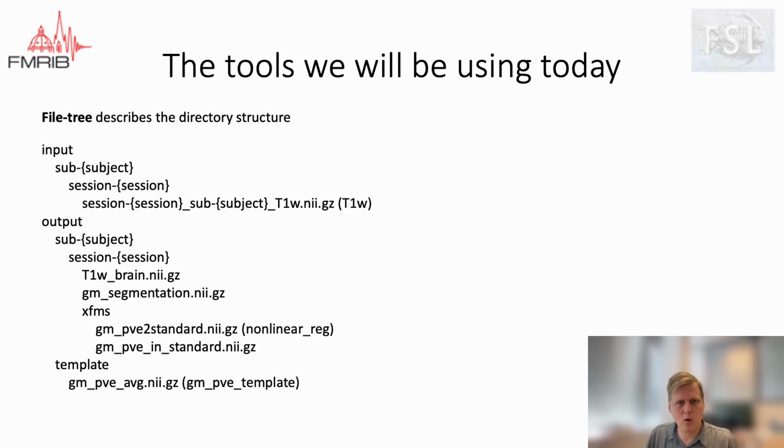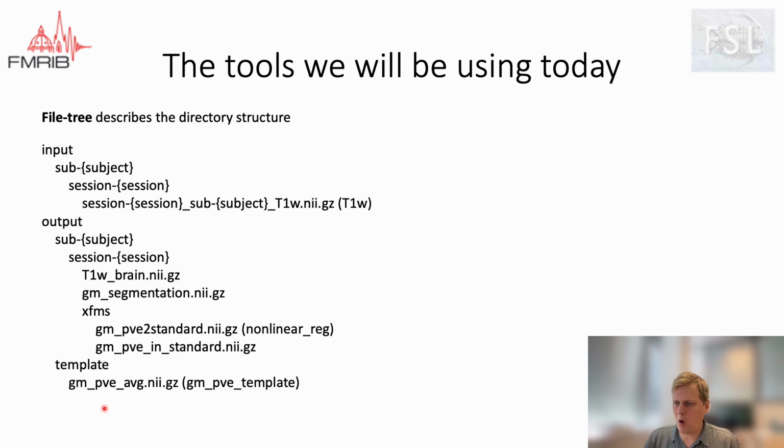So within FSL, we do include two tools which help to create such pipelines. We've got FileTree, which helps you to describe the directory structure both of your input data and the resulting output data from your pipeline. Here on the top, we've defined what our input data looks like, which is supplied to us within an input directory, within which we have subject-specific directories, some of which have multiple sessions, and then we have this final file, which somewhat closely follows the BIDS formatting.